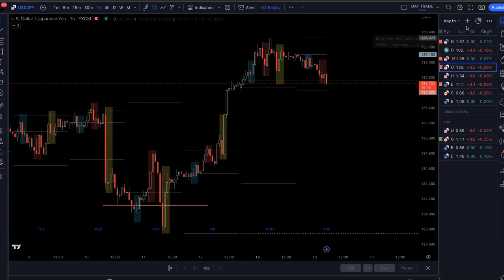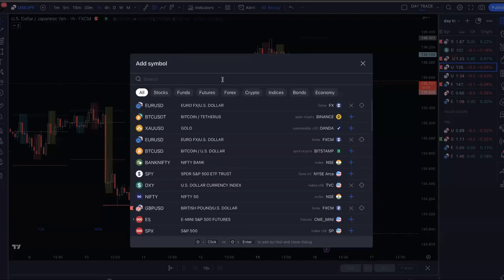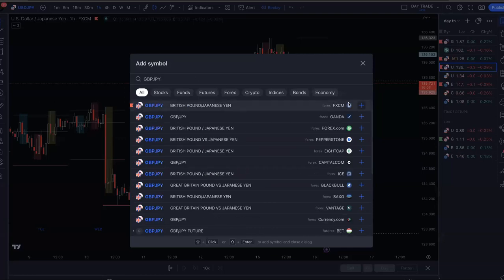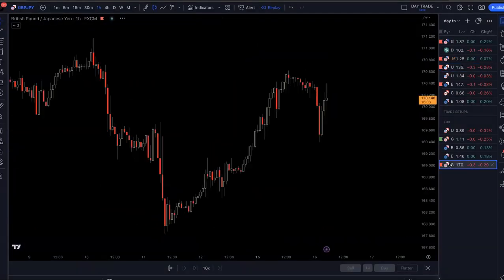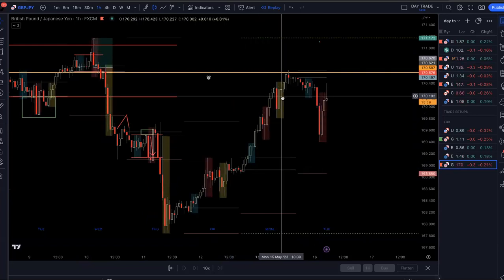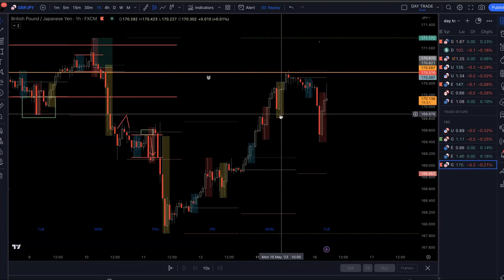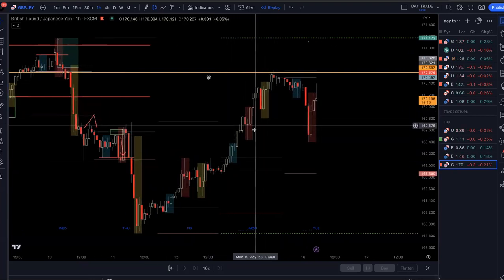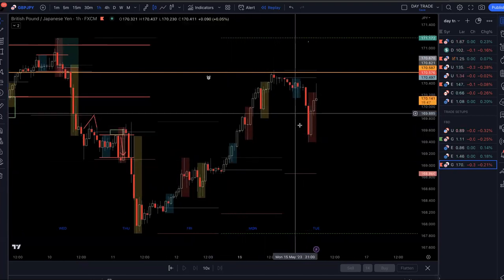And we can even look at some other pairs here. Pound yen. We can even see on Monday here, really, we had some very strong pushes here again. And it's about understanding the weaker currency and pairing it up against a stronger one. And obviously, pound yen here was probably your best opportunity for clear long opportunities.